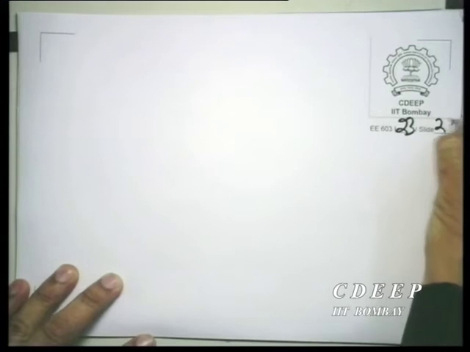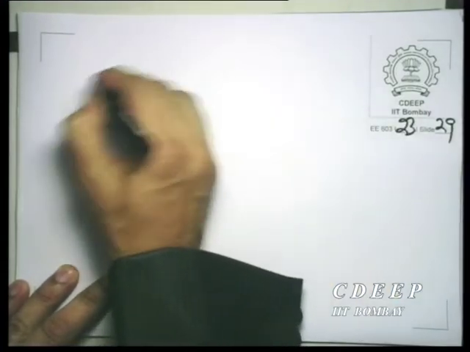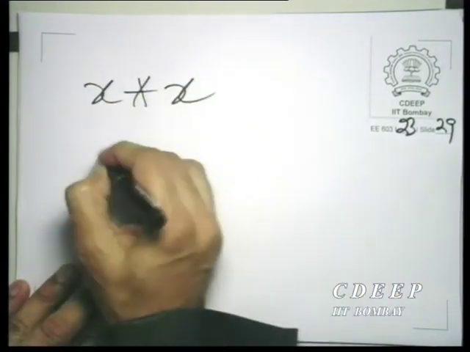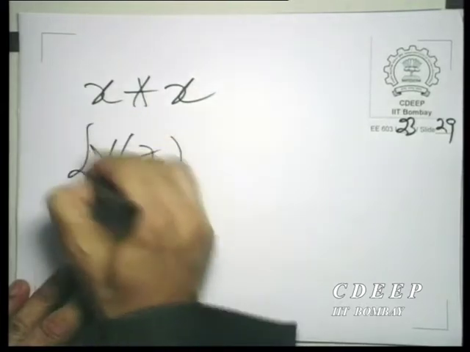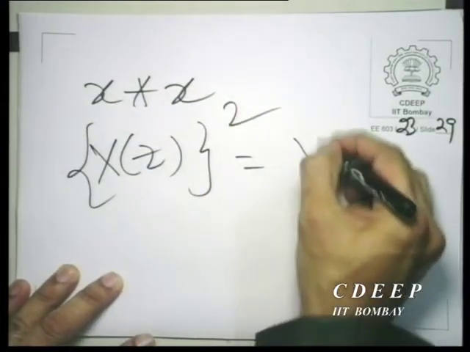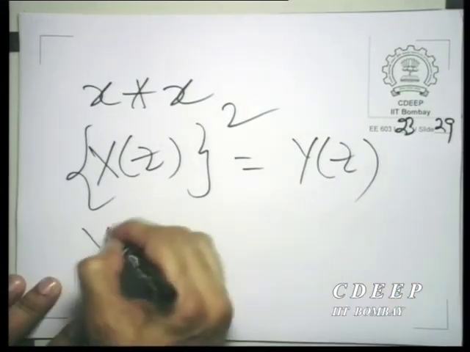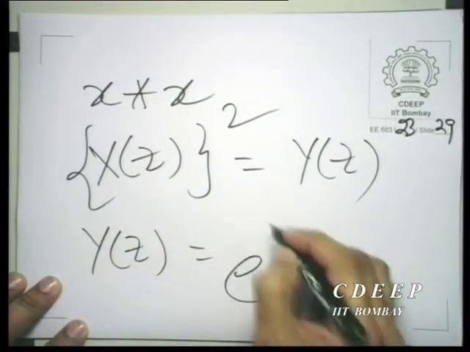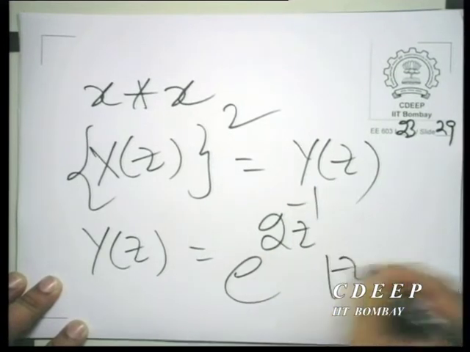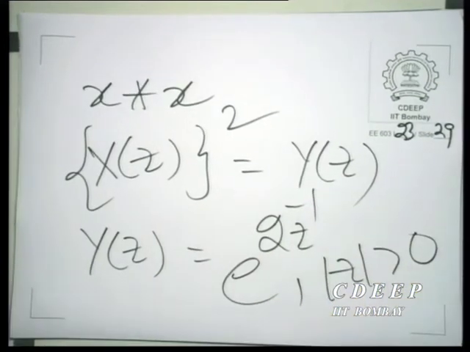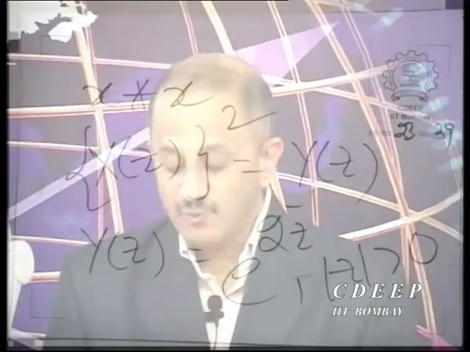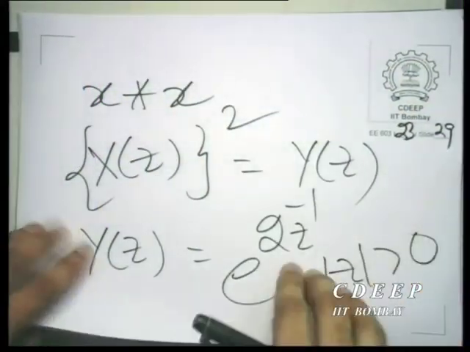Now that's easy to do because when you convolve the sequence x with itself, the z transform is multiplied. So you get Y(z) equal to X(z) the whole squared, and therefore Y(z) is simply e raised to the power 2z inverse with the same region of convergence, mod z greater than 0. And just as you can expand e raised to the power z inverse, you can also expand e raised to the power 2z inverse.